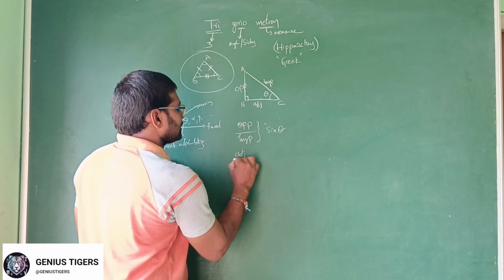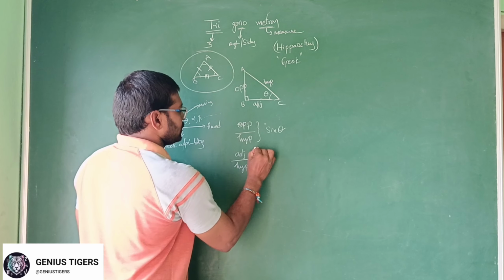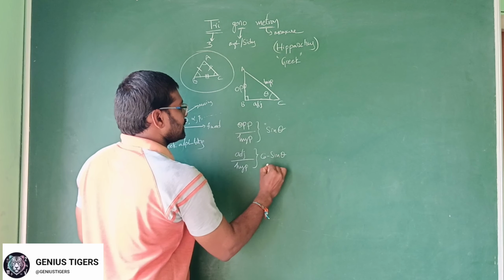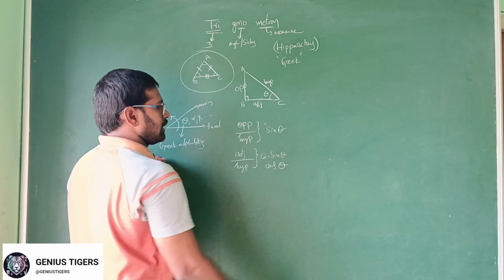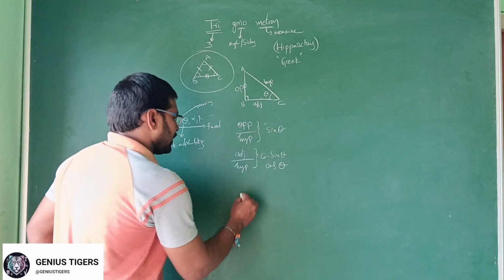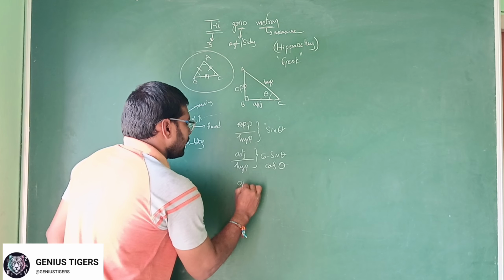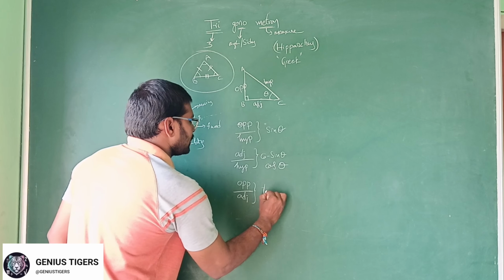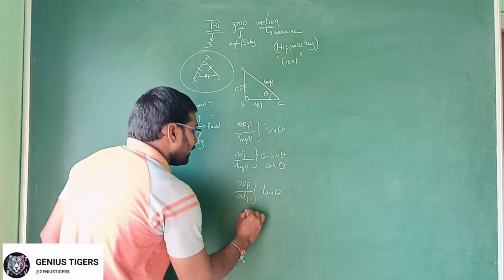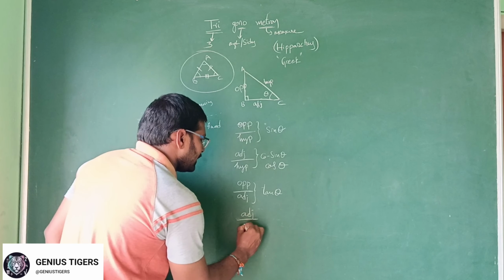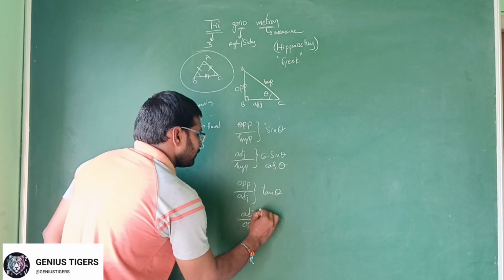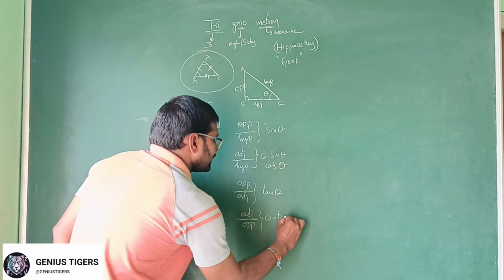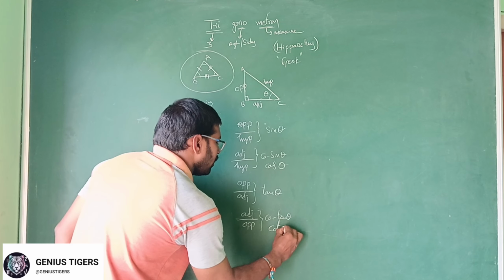Adjacent side by hypotenuse is called cosine theta, we will call it cos theta. Opposite by adjacent is called tan theta. Adjacent by opposite, the reciprocal of tan theta, is called cot theta.